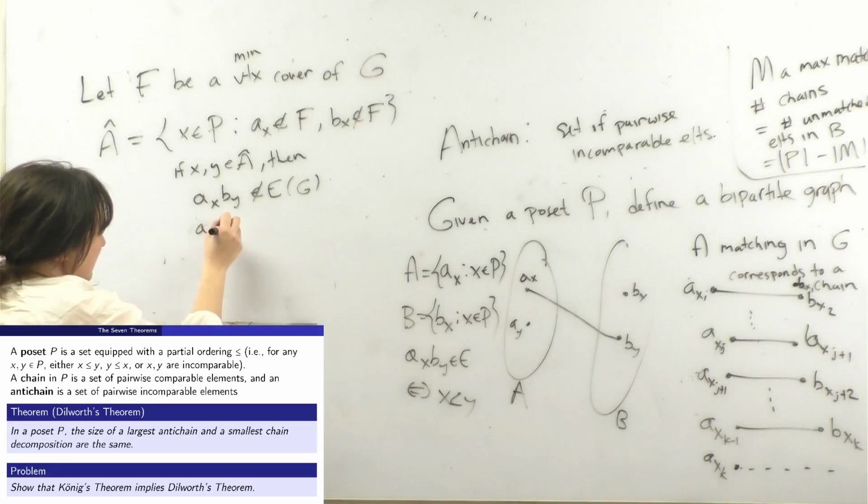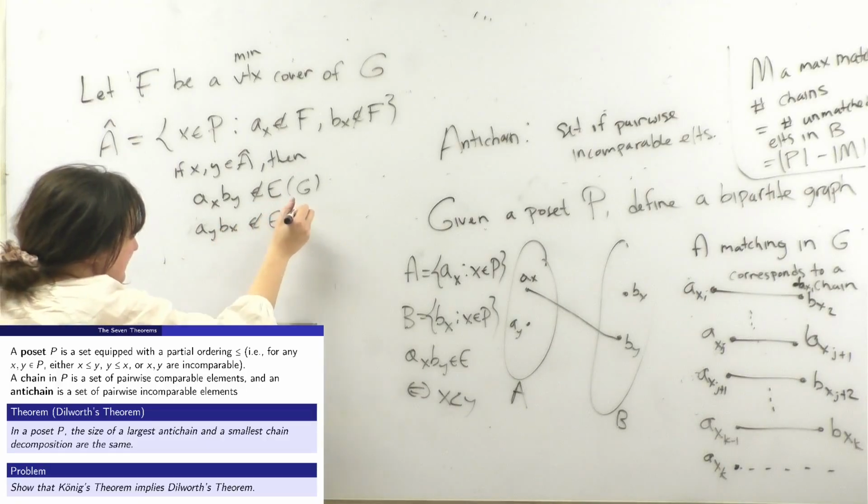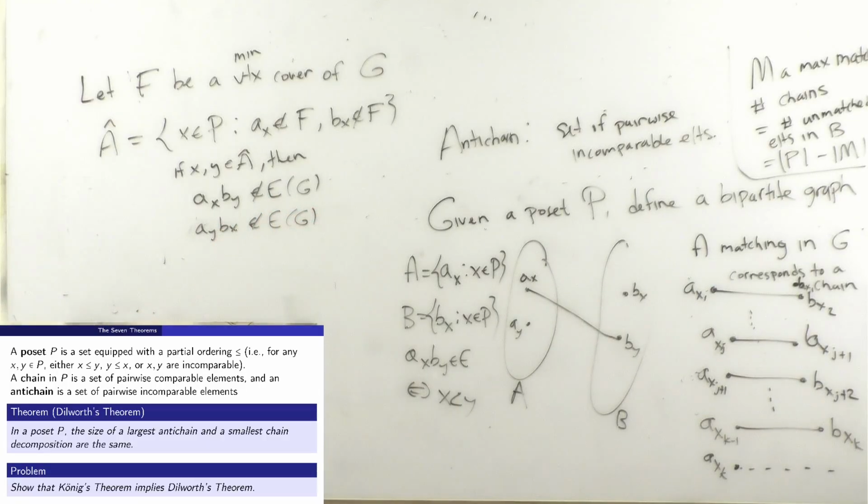AYBX, similarly, is not an edge. And so that means X is not strictly smaller than Y, and Y is not strictly smaller than X. They're distinct, so they're not equal. So they actually are incomparable. Okay, so this is an antichain.